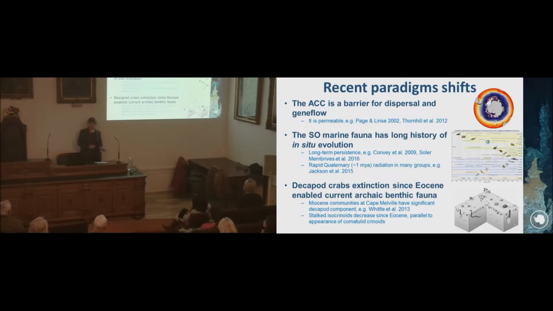Recent studies by Rowan Whittle actually showed that until the Miocene, we had quite significant decapod components in the Antarctic benthic communities. So these archaic states that we find nowadays are actually not just because of the disappearance of the decapod crabs.